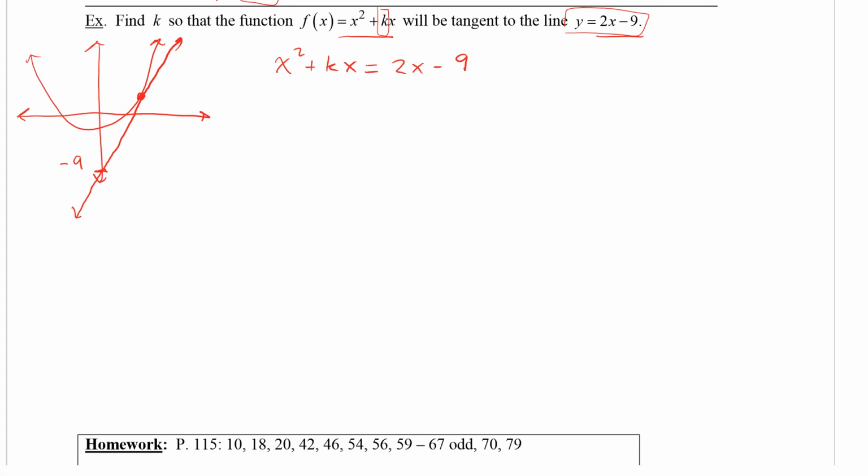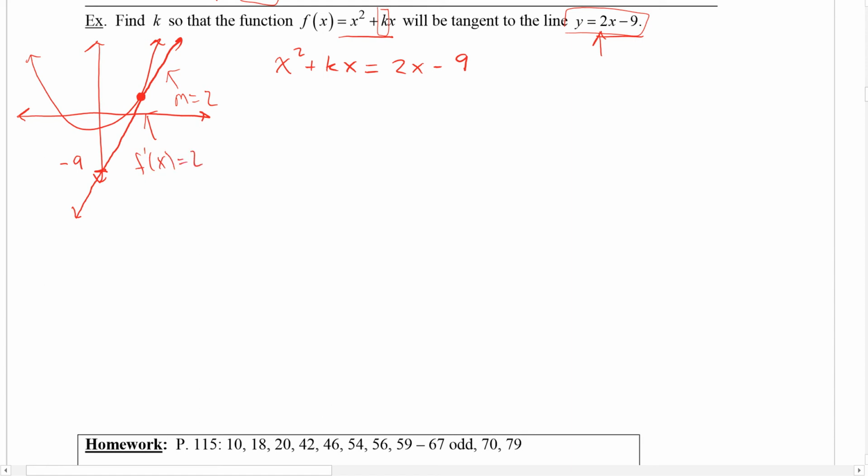So what else do I need to know? Well, what is the slope of this line right here? The slope of that line is 2. So that means that my tangent line has a slope of 2, which means that at this point, my derivative, my f prime of x, should equal 2.